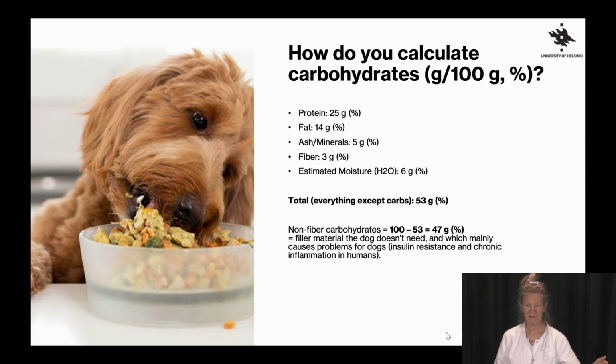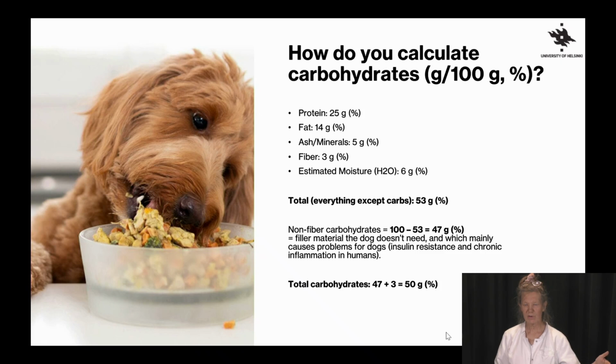So the rest of this food is carbohydrates, because carbohydrates was the only macronutrient group that was missing. And actually we can even say that it is 50 grams, because the fiber that was up in our first list, and which was compulsory to have on the product, was something of an insoluble carbohydrate, whereas these non-fiber or non-soluble carbohydrates were the 47 that we calculated.